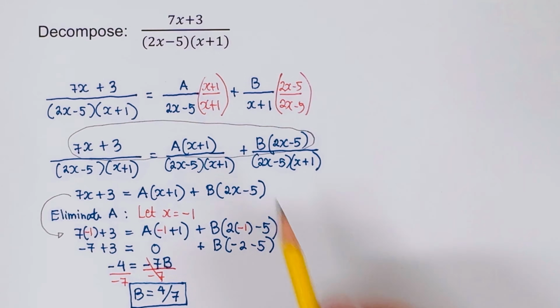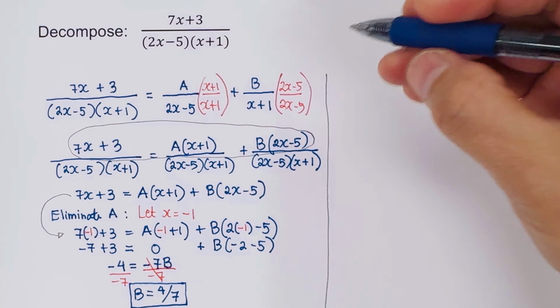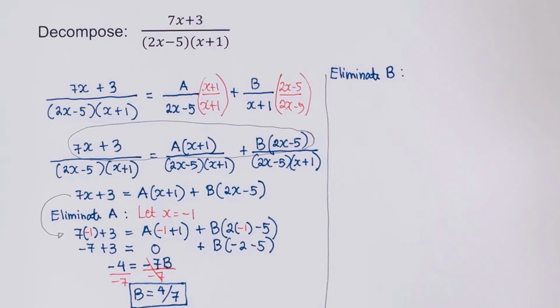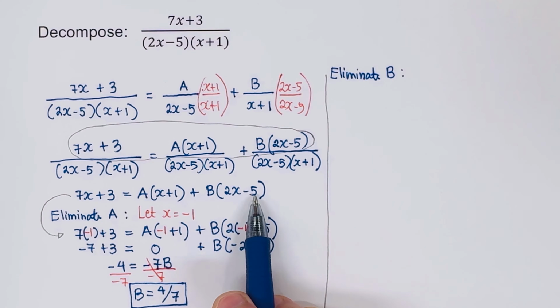Now let's determine the value for A. To determine the value of A, we can eliminate B here. I'm just going to go ahead and write that up here. We can eliminate B by making the expression 2x minus 5 equal to 0 and solving for x, which would give us 5 halves.